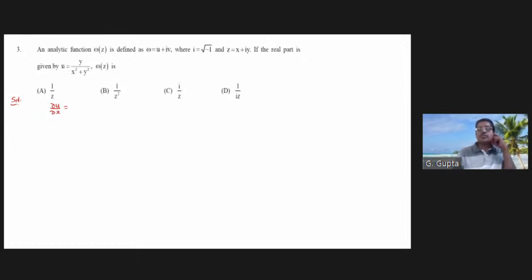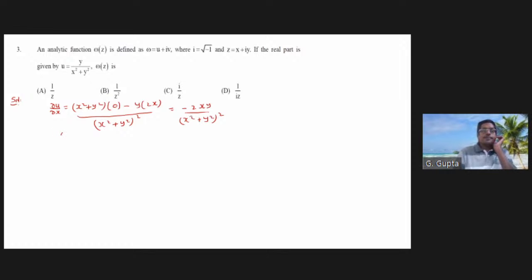Partial derivative with respect to x means y is constant, so you can apply the quotient rule: denominator x square plus y square into derivative of y with respect to x, which is 0, minus y into the derivative of x square plus y square with respect to x, which gives 2x, divided by x square plus y square whole square. This simplifies to minus 2xy divided by x square plus y square whole square.